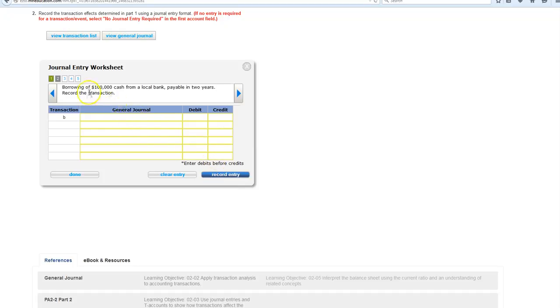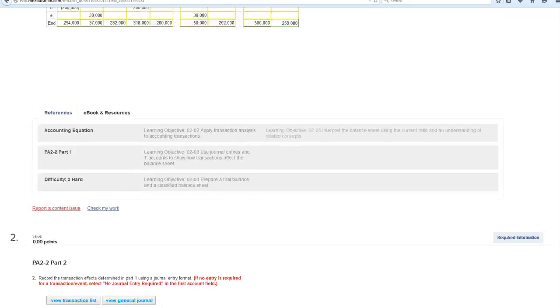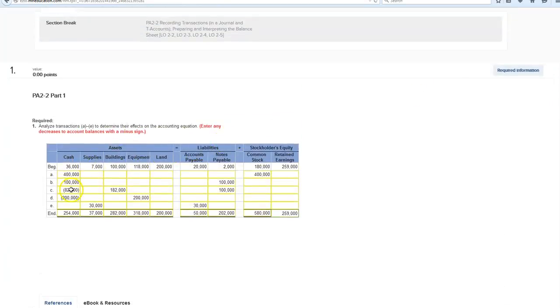The next transaction, we borrowed cash and we're going to pay in 2 years. If we look at our transaction here, we're increasing our cash, we're increasing our liabilities. Assets are on the left side of the equation, so we increase on the debit or left side. Liabilities are on the right side of the equation, so we increase on the credit or the right side.